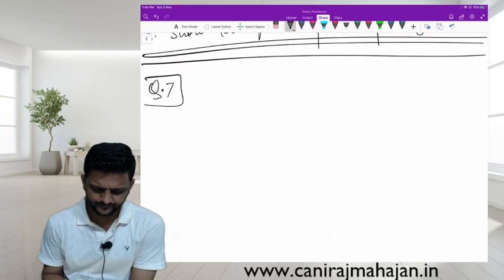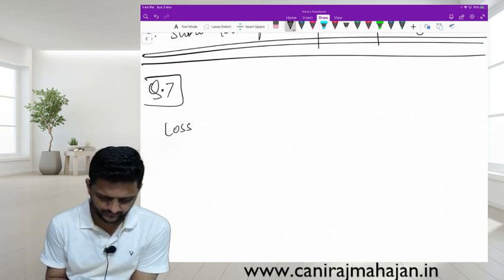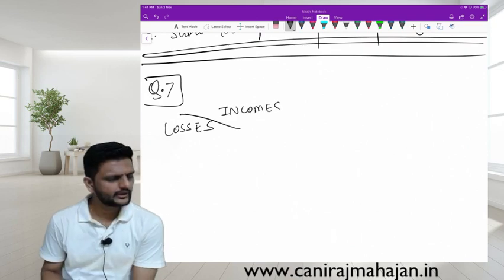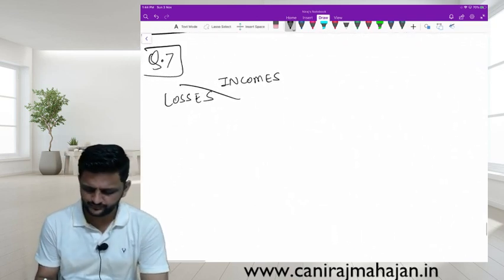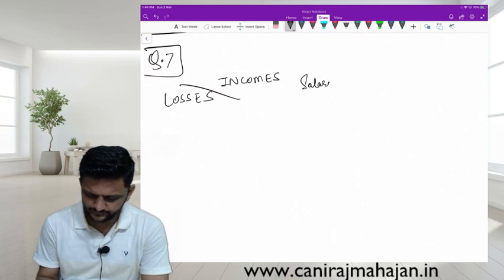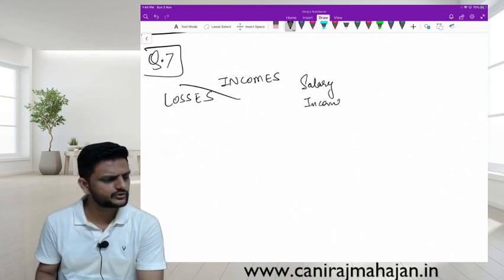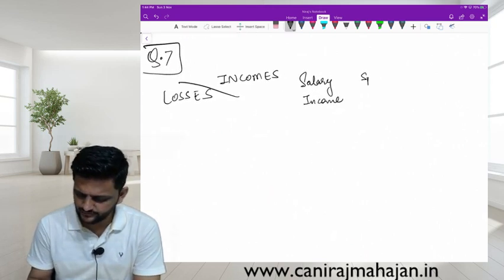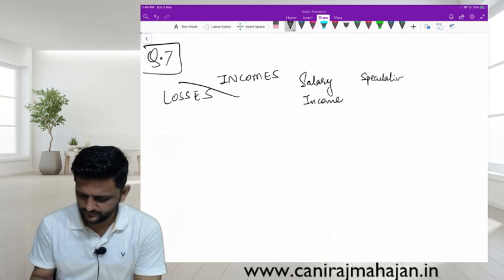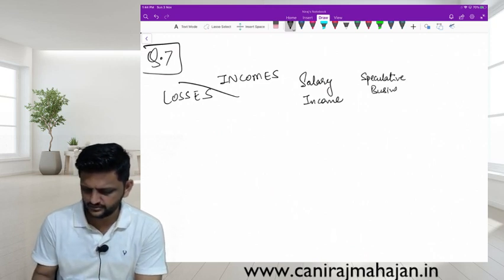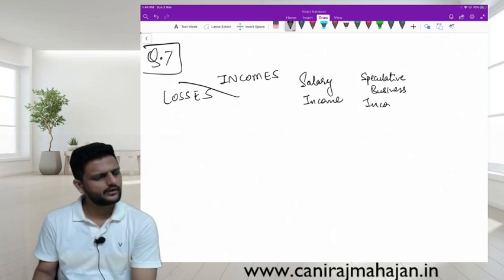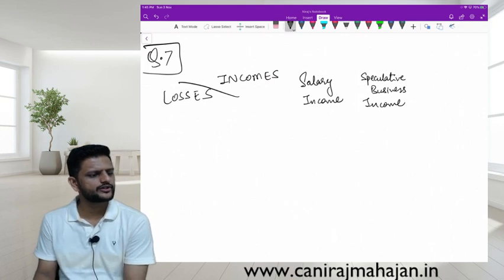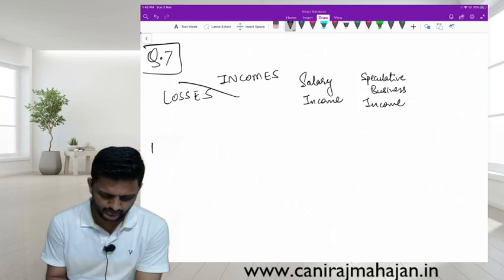Make a table of losses and income. First one is salary income. Next one is speculative business income. Then again some positive or negative figure. It is negative. So loss from non-speculation means normal business loss.